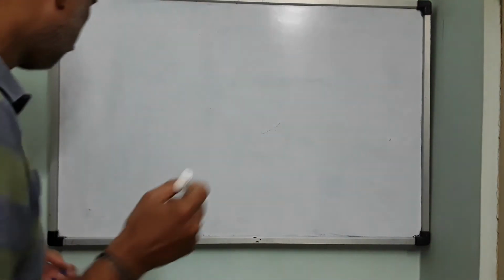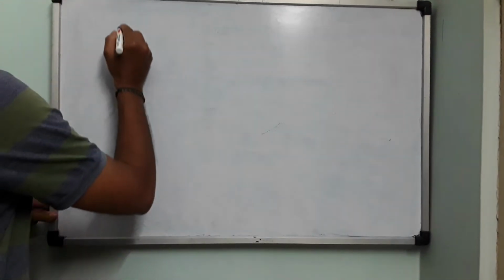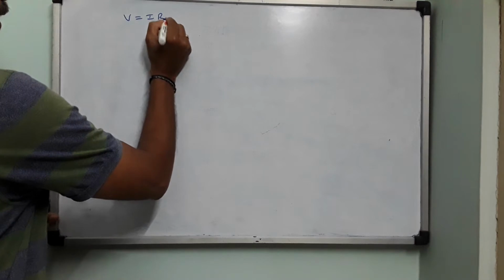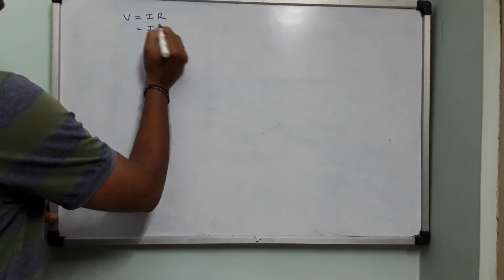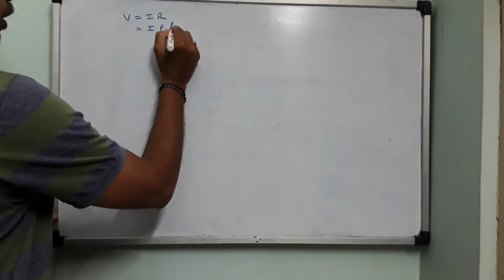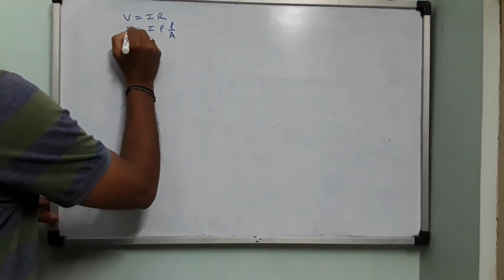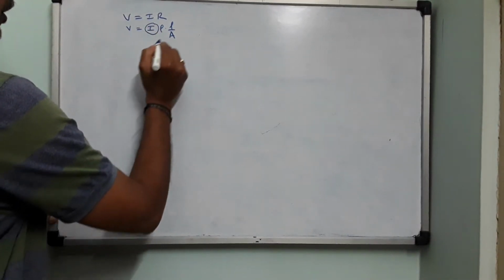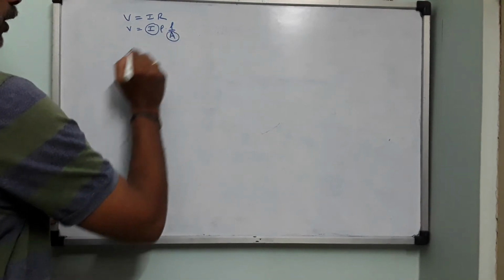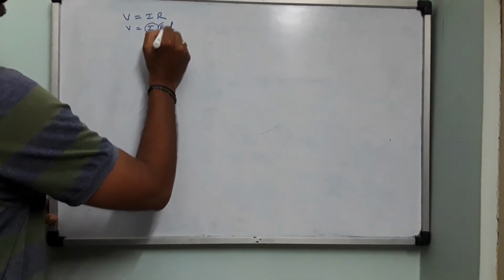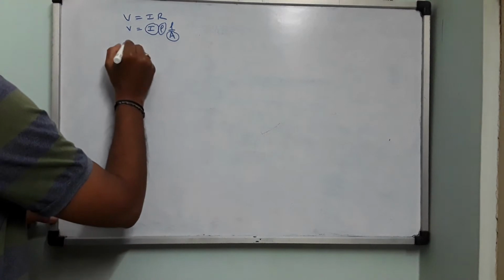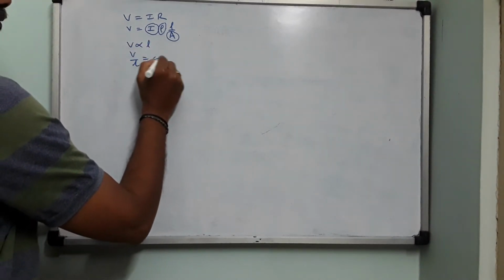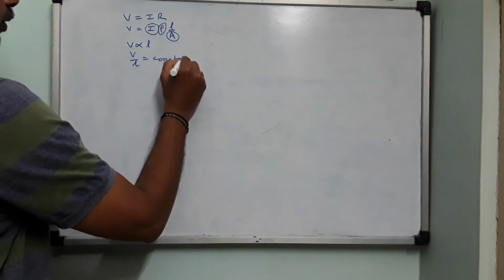We used this formula from Ohm's law: V equals IR. This I into R is nothing but rho into L by A. So when a constant current I flows in a wire of uniform thickness A with a constant resistivity rho, then V is directly proportional to L, or V by L equals a constant.